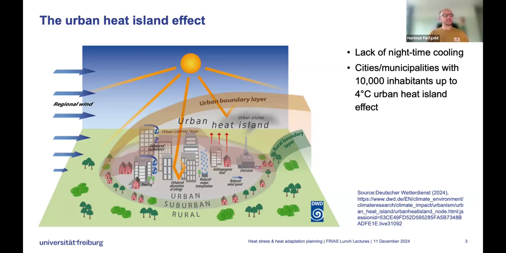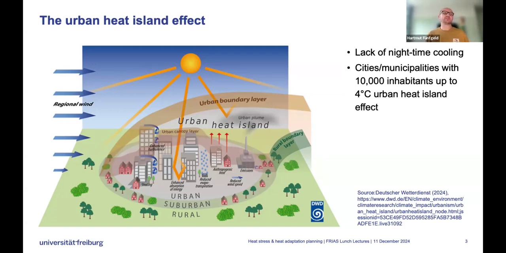Traditionally, and for many years, people looked at the urban heat island effect predominantly in large cities. But more recently, it has also become more of a topic in smaller municipalities, and there is also another focus on indoor heat, which is not something I'm going to focus on today.